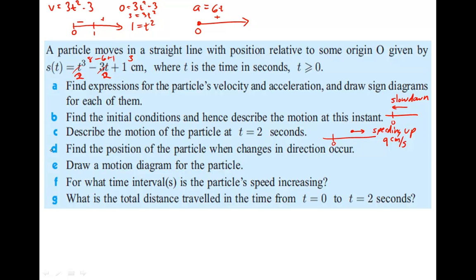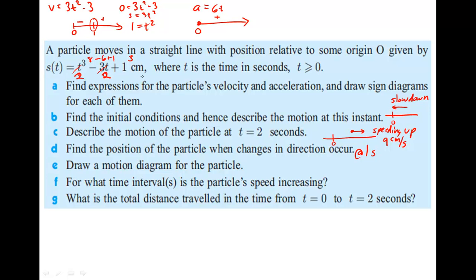All right. For letter D, find the position of the particle when the changes in direction occur. Okay, well, the only change in direction is when I stop going to the left and start going right. So that would be this one right here. So that would be at 1 second. That's the time, though. I want to know the position. So I need to put that 1 into the equation.